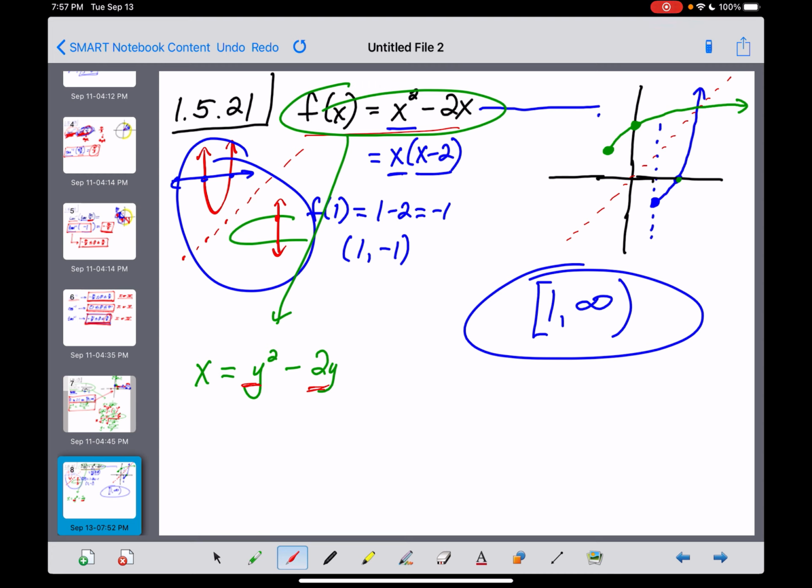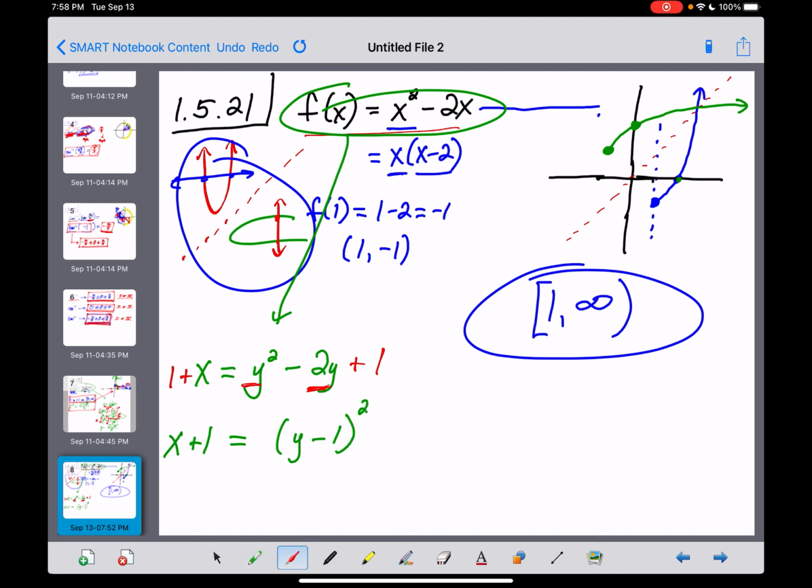This is awesome. So I'm going to take half of b, which is 1, square it, which is still 1, and add 1 here on the right, and I'll add 1 here on the left as well to balance that out. So my left side, I prefer that written as x plus 1. And on the right side, that is a perfect square trinomial that factors into y minus 1 quantity squared.